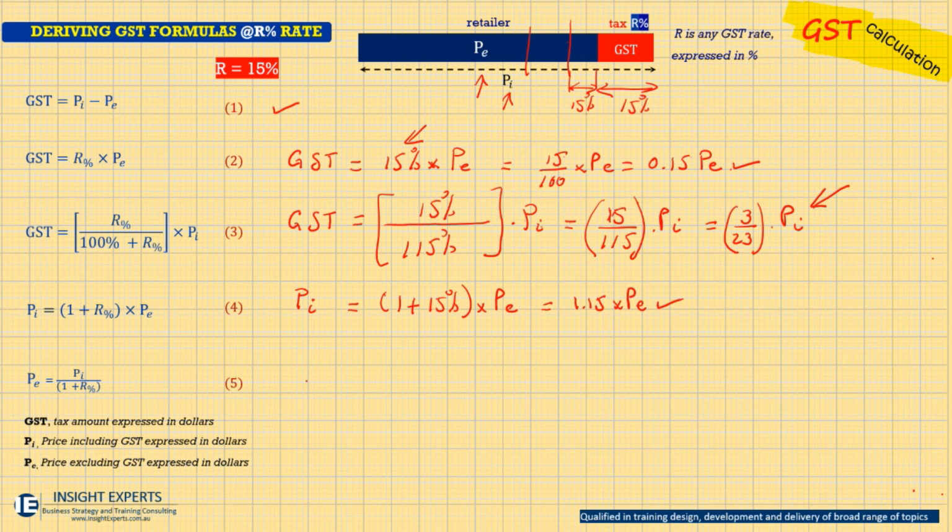Equation number 5, using the rate of 15%, this time instead of multiplying, we take the price after tax and divide it by 1 plus the tax rate of 15%. And that equals PI over 1.15.